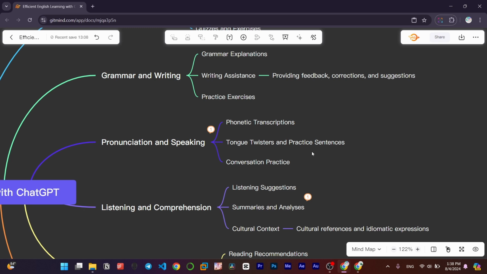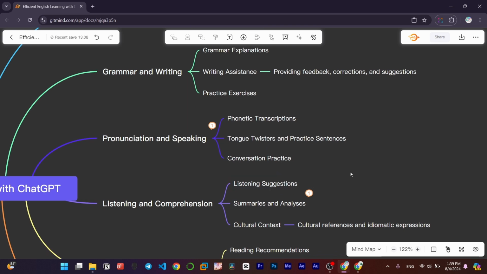If you're just looking for written phonetic transcriptions, and written is sufficient for you, this is great. But if you like to hear and you need to enhance your listening as well, this part is not useful in ChatGPT.